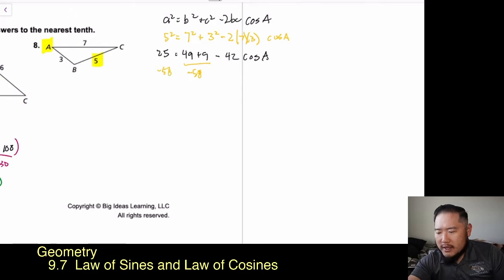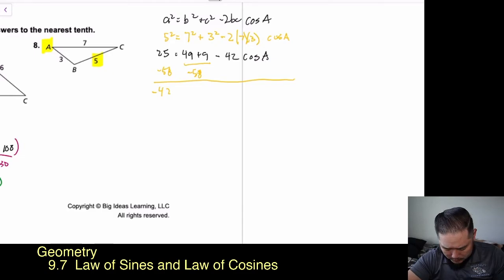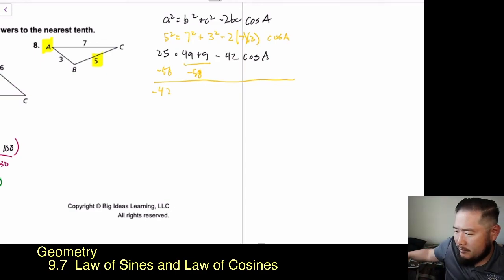So hopefully you realize, I combined that 49 and 9 to get 58. And so I'm going to subtract 58 from both sides. And then what I have left is going to be negative 42 cosine of A. Okay? So you got 25 minus 58.